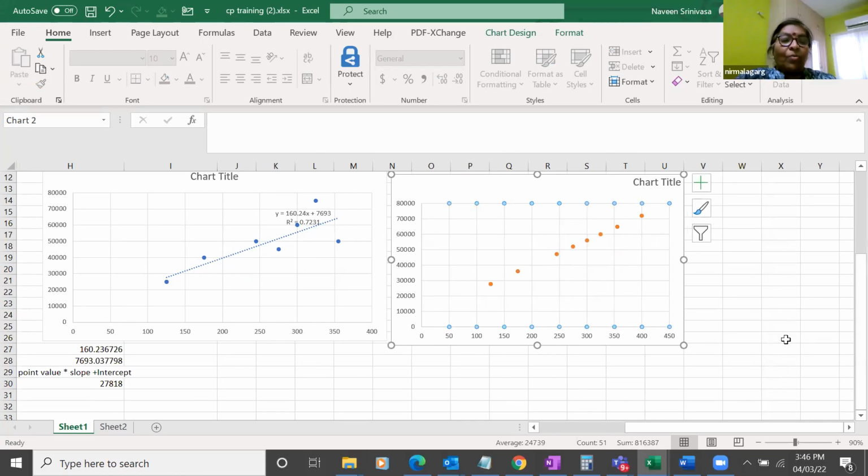See, let me tell you now. This is your first chart where you are trying to find out the pay line. Pay line means what I need to pay if these are my positions. And your market data. So what happens? One or two positions are still far away from that line.